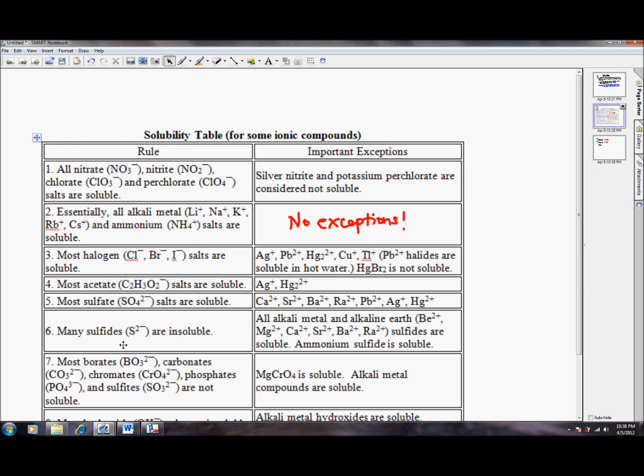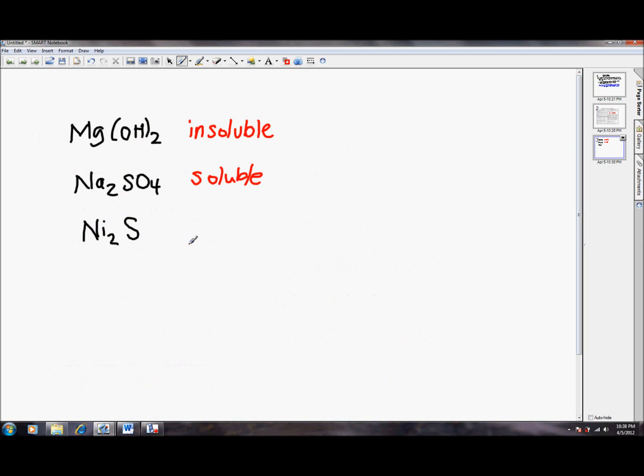The rule says sulfides are insoluble. They do not dissolve. Now there's exceptions, so we'll check to see if nickel is mentioned in the exception. Nope, nickel is not over here, so the rule will be followed. So this is an insoluble compound. Okay, so that's all you need to do for solubility.